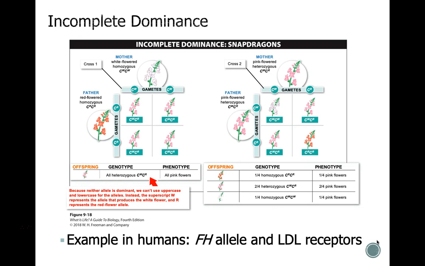Individuals who are heterozygous actually produce receptors from the normal allele and no receptors from the other allele. And so you get sort of a halfway amount of receptors. You have half the number of receptors. So the disease is sort of intermediate. You can have some problems, but they're not as severe as with high cholesterol.